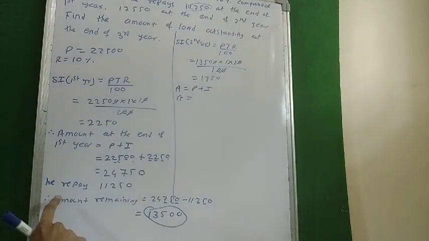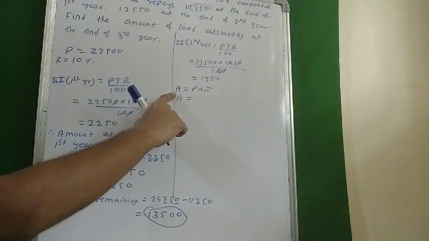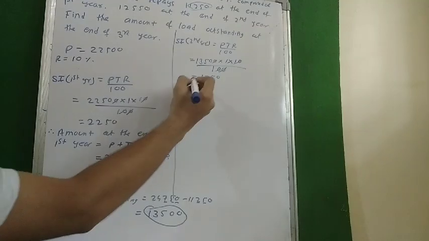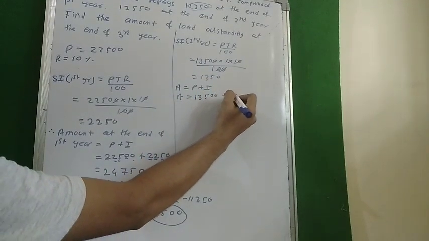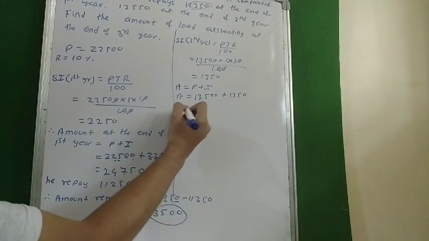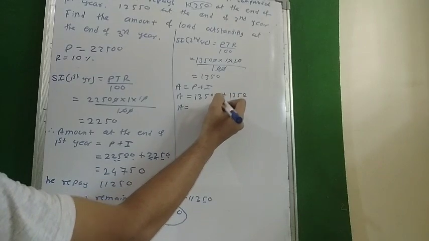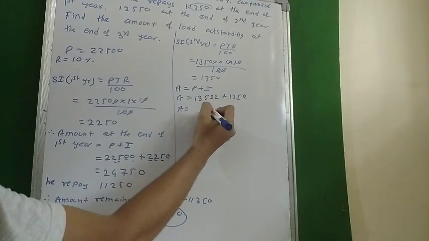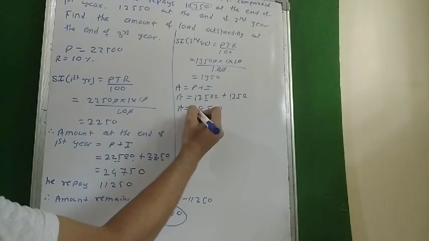You can write the final statement, amount at the end of second year. The principal was 13,500 and the interest is 1,350. So the amount at the end of second year is 0 plus 0, it is 0. 5 plus 0, it is 5. 3 plus 5, it is 8. 1 plus 3, it is 4.